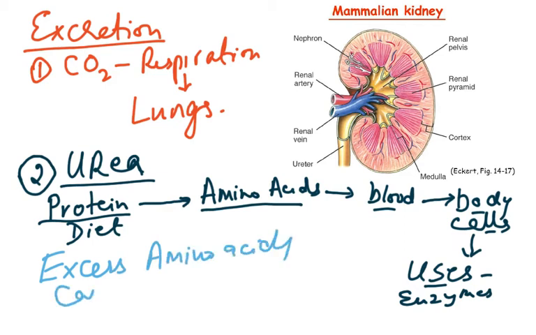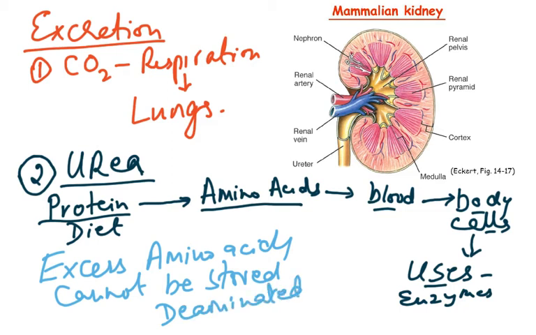So if they cannot be stored, then what do we do with them? Either we can get rid of them, but if we get rid of them, they still have a lot of energy in them. So what has to happen is that they have to be deaminated. Now this is a process of deamination.